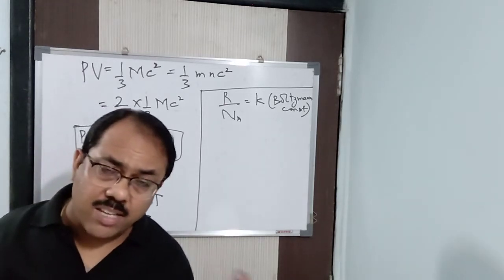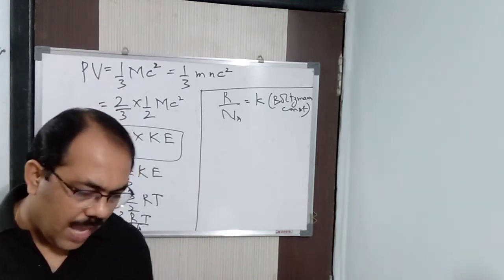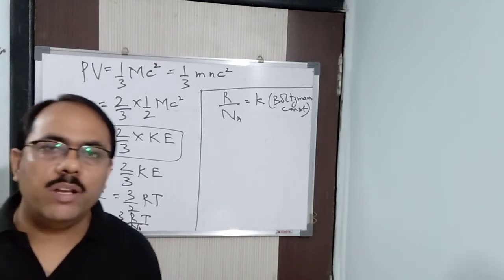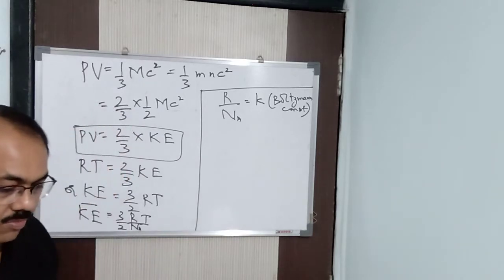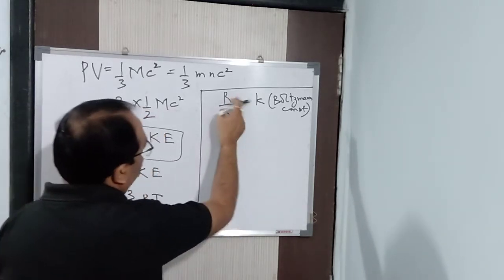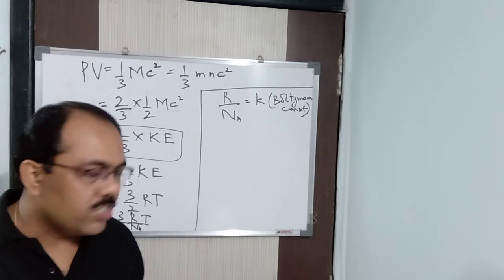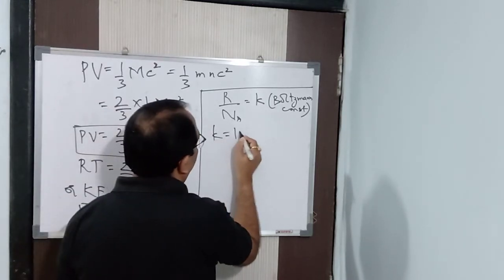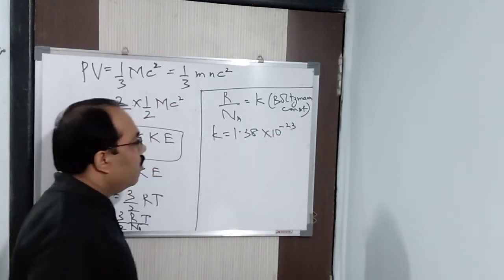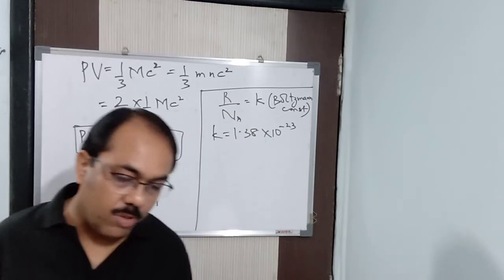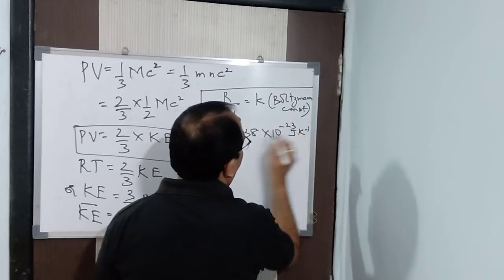Let us say I am using the SI unit. The value of R is 8.314 joules per Kelvin per mole, and Na is 6.023, or 6.022, into 10 to the power 23. If I divide 8.314 by 6.023 into 10 to the power 23, I get 1.38 into 10 to the power minus 23 joules per Kelvin in the SI system.